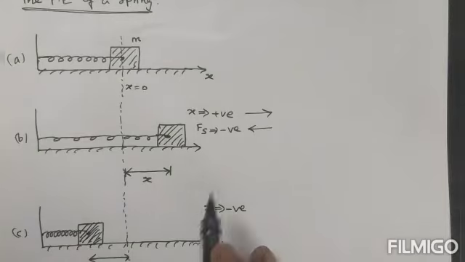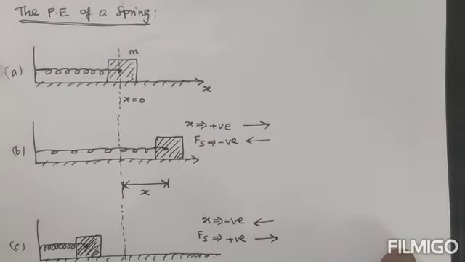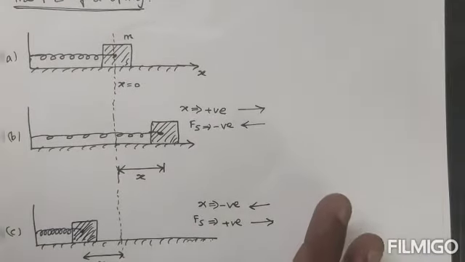So the force produced by the spring is on the positive side. Here the displacement of the block is negative, but the force exerted by the spring is positive. So this is the basic idea for this derivation.